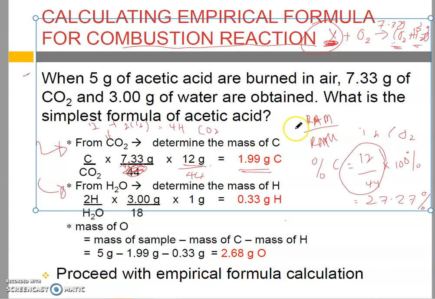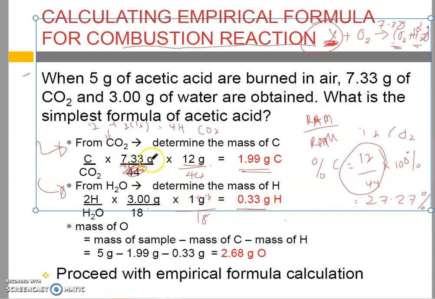So, 3 gram. 1.008 bahagi dengan 18 kan. Lepas tu darab dengan 3. So, dapat 0.33. Daripada sini, untuk mass oksigen, okay, dia ada dua cara. Satu, you boleh tolak lah. 3 tolak setiap ni.